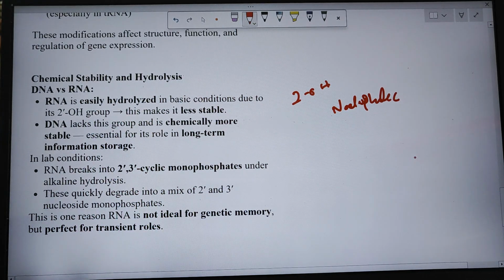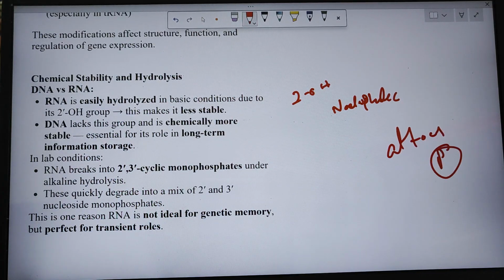Under alkaline conditions, the hydroxyl group of the RNA acts as a nucleophile, meaning that it attacks the nearby phosphate group. This attack leads to the breakdown of the phosphodiester bond.